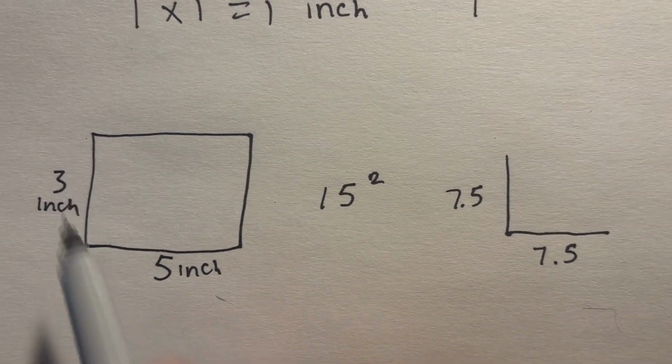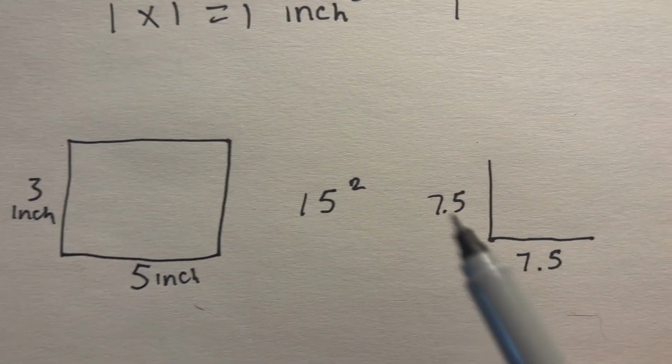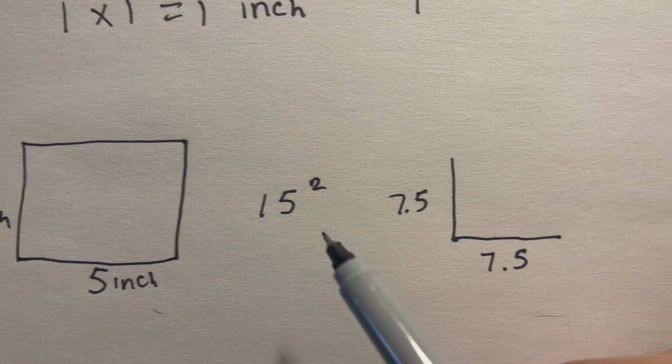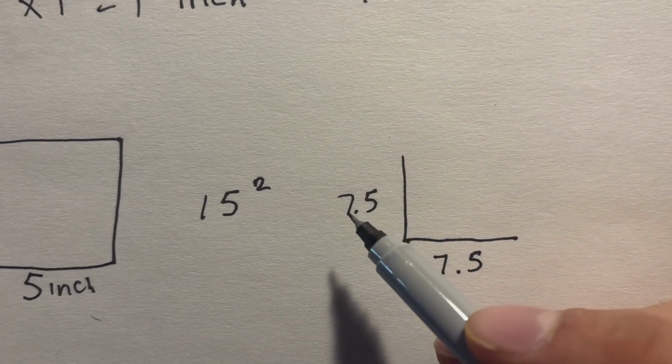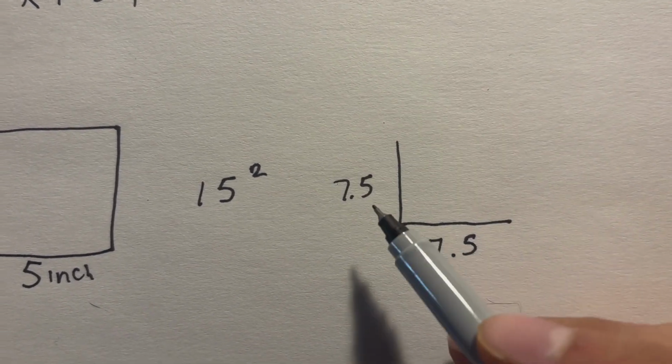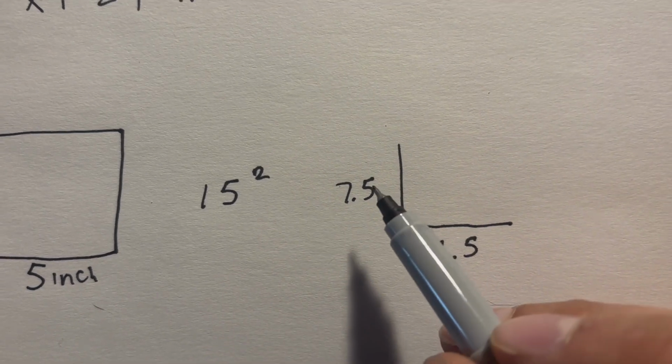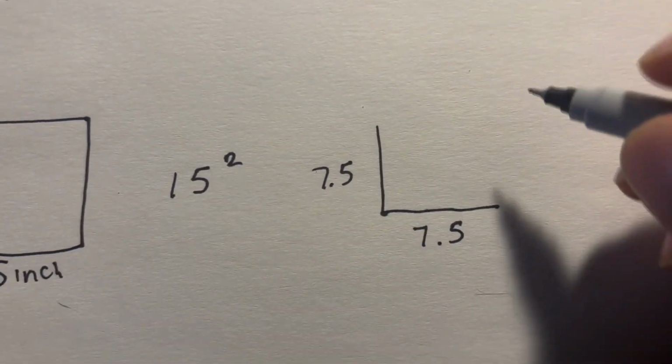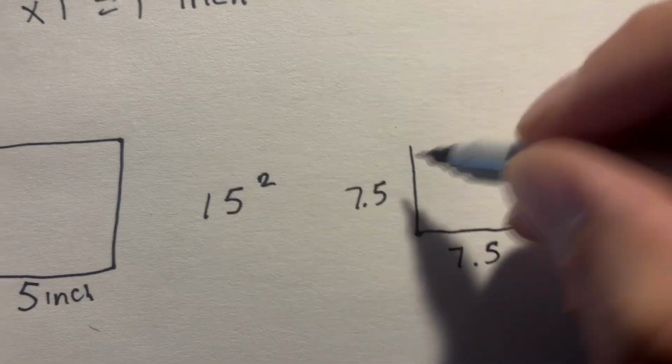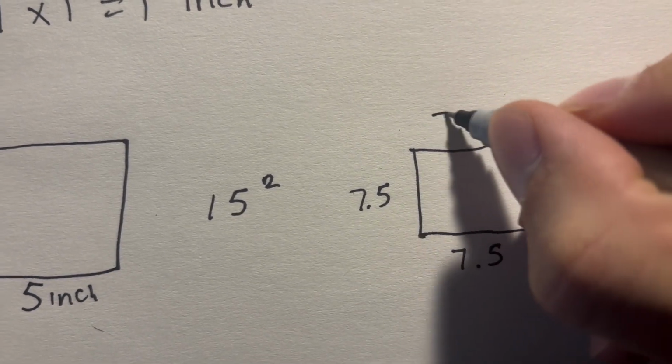Even though this is 3 and 5, if we were to square it, like we did, find the area, it would count out to 7.5 on each side, because 15 divided by 2 is 7.5. That means these would be 7.5 as well.